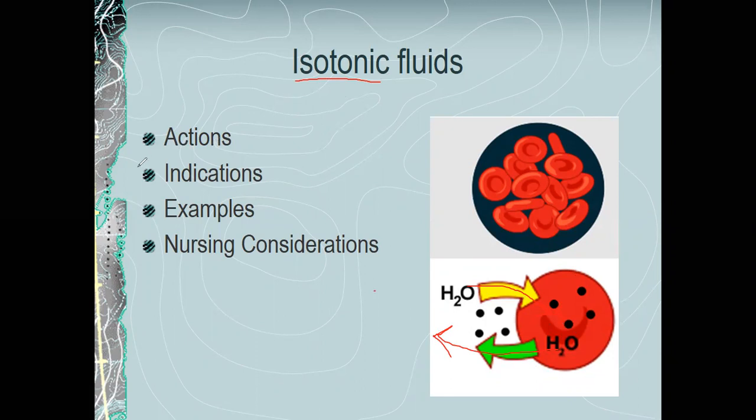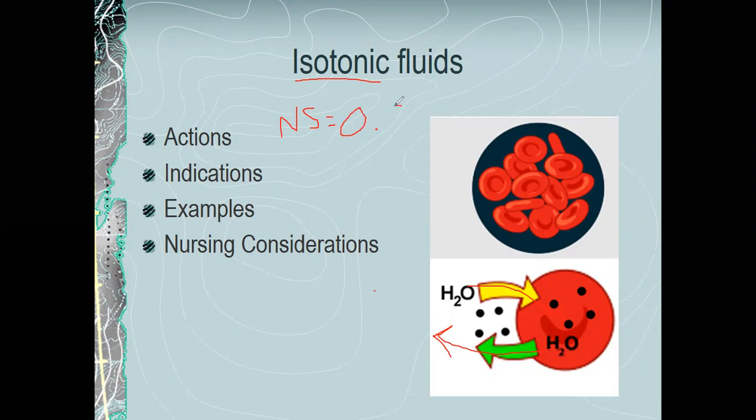Indications for isotonic solutions are going to be for hydration, so to replace fluid loss. It can correct dehydration. It's going to be used for sodium depletion. Remember, normal saline is 0.9% sodium chloride.